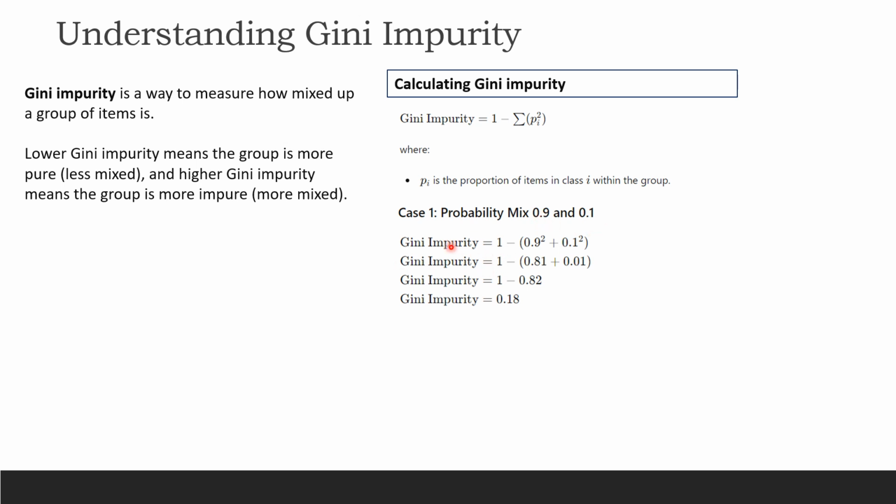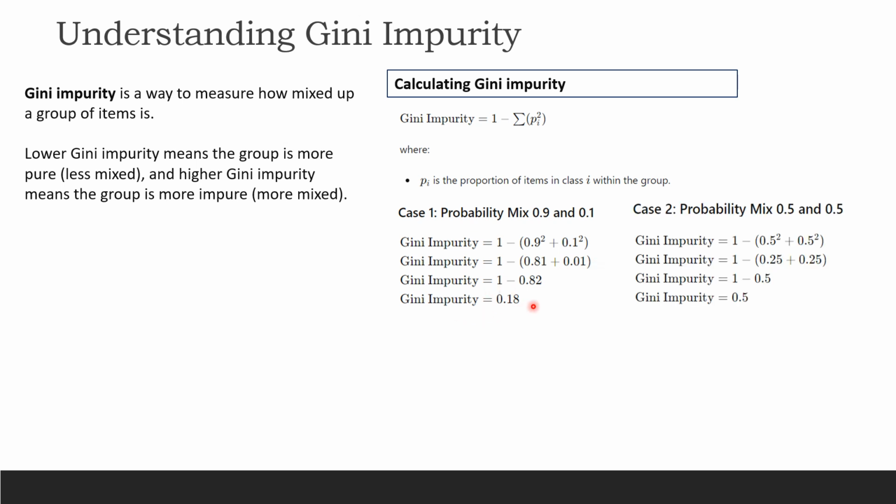So the Gini impurity in this case would be calculated by putting the values of these two probabilities in this formula, taking the summation, and we'll get 0.18. And similarly, if we had a mix of 0.5 and 0.5, this Gini impurity would be 0.5. So the lesser the Gini impurity, the more is the homogeneity of the mixture. Purer is the mixture.